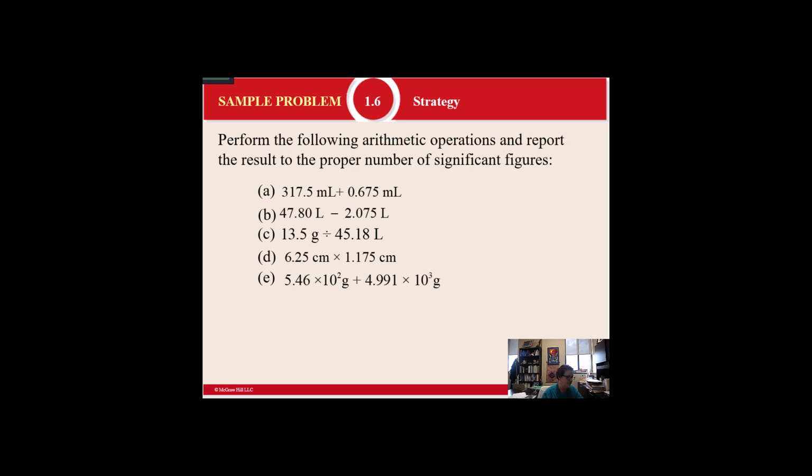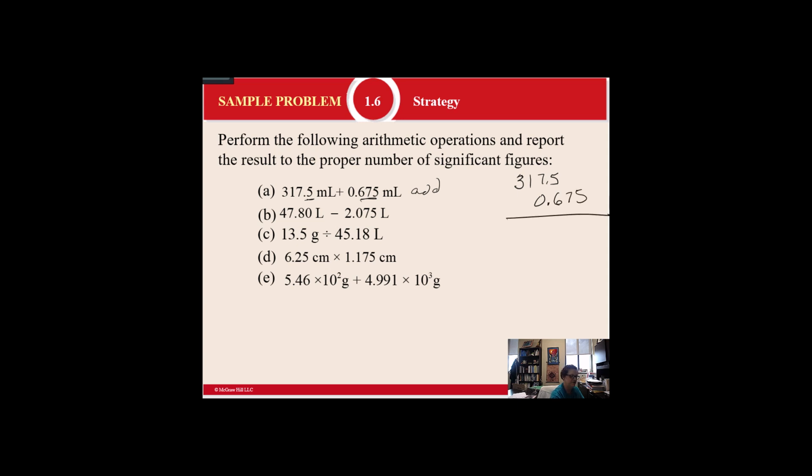So this first one, 317.5 plus 0.675, that's addition. And since it's addition, it's going to matter how many decimal places. So I have 1 here and I have 3 here. So it's best when you're doing these to line them up where that decimal place is in line. So I'm going to say 317.5 plus 0.675.